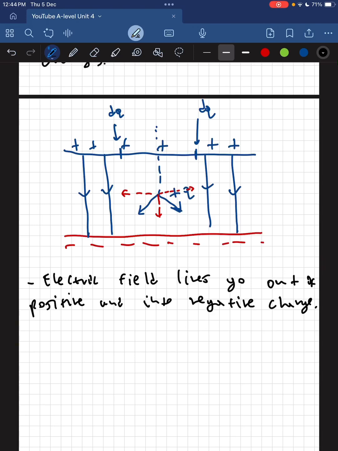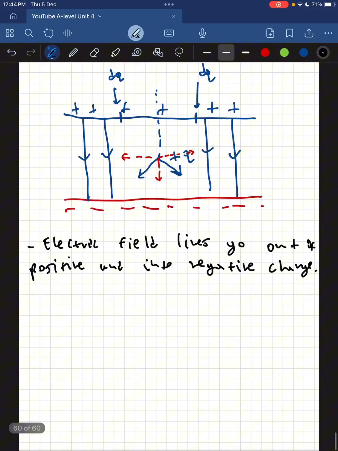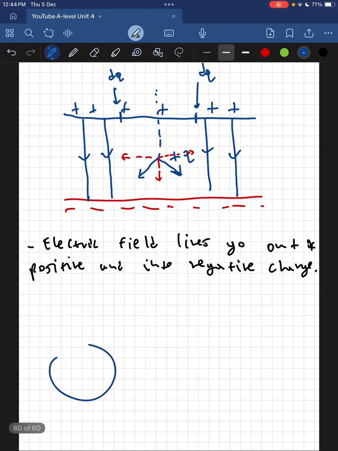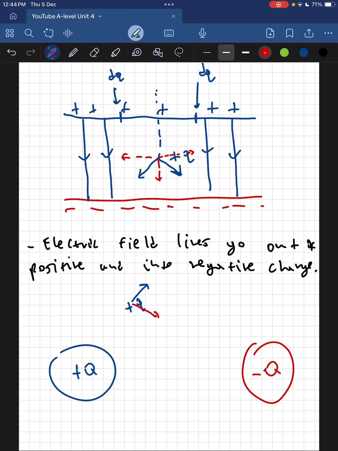let's go see another example. Let's say that I have a plus Q and an equal and opposite minus Q charge somewhere in space, okay? And this is my plus Q. Now, what kind of force is it going to experience? From this sphere, it's going to be like that. And from this sphere, it's going to experience a force pulling it down that way.